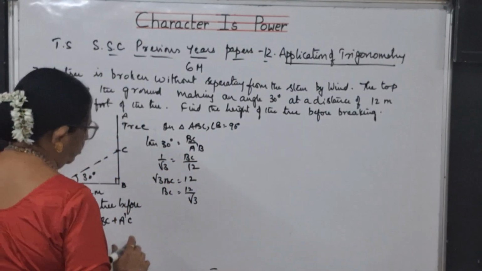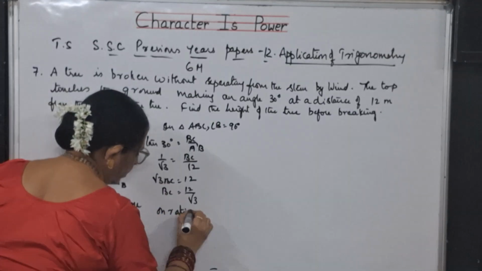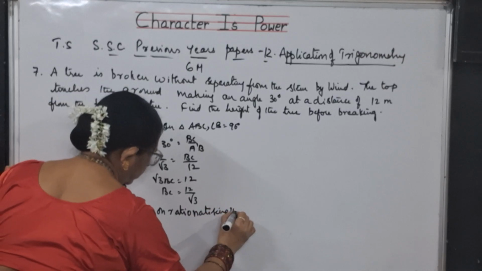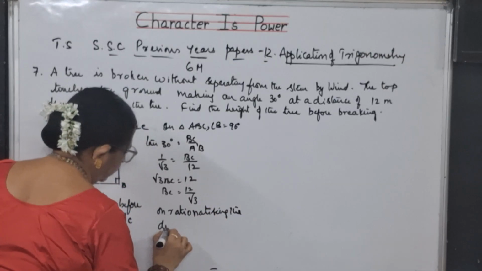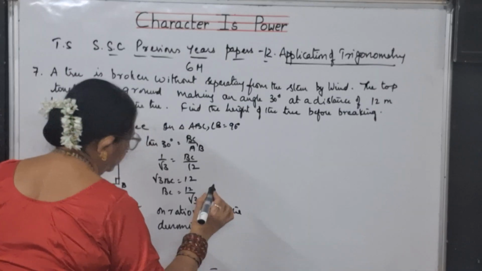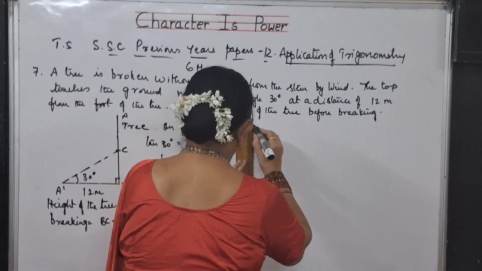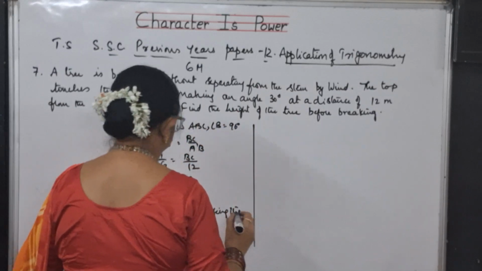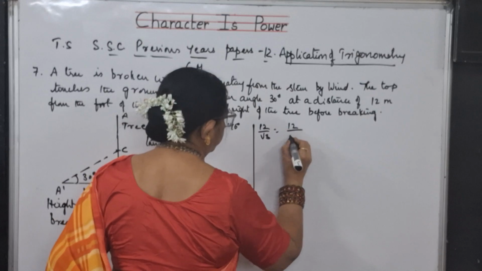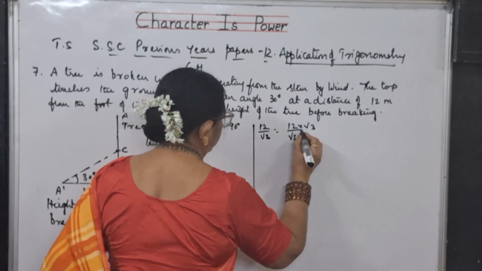You are getting 12 by root 3. On rationalizing the denominator, 12 by root 3 can be written as 12 by root 3 into root 3 by root 3.